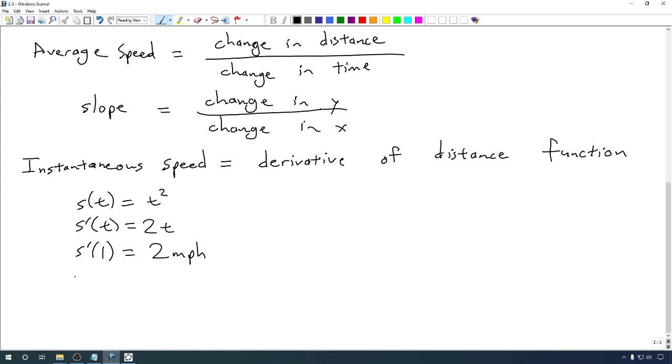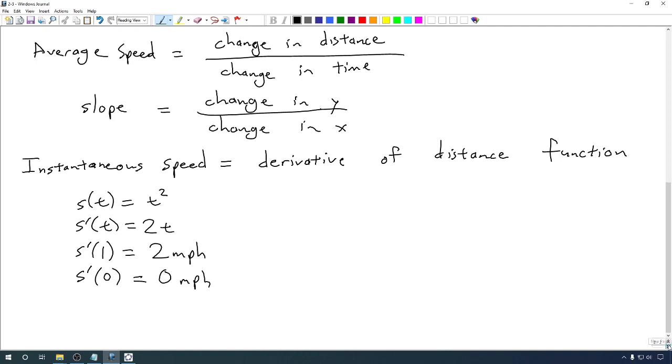Of course, it started at time t equals 0 at 0 miles per hour, just plugging 0 into this formula. So over the course of that hour, it sped up from 0 miles per hour to 2 miles per hour. But on average, over that entire interval, it was going 1 mile per hour. That's the kind of idea that we want to get across.